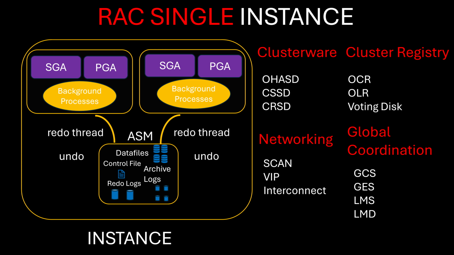We also have the cluster registry layer which stores cluster configuration information. Then we have the networking layer responsible for user and node communication. Finally, we have the global coordination layer which ensures every node agrees on the same version of data. Each layer solves a specific problem and together they transform a simple database into a clustered database architecture.